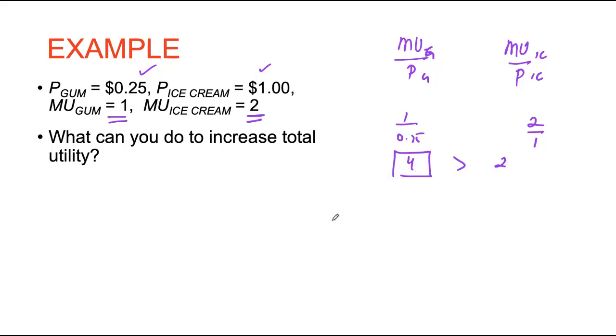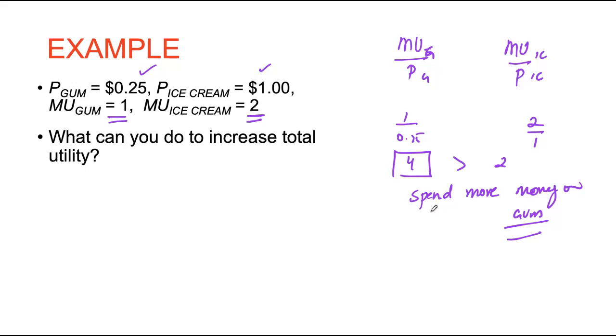So this is telling me that the per dollar satisfaction from the consumption of gum right now is a lot higher compared to the per dollar satisfaction derived from ice cream. Consumer in this case should definitely spend more money on gum. So you should be spending more money on gum and less money on ice cream. Because remember, you're a rational consumer, you're spending all of your income and you're on the budget line.